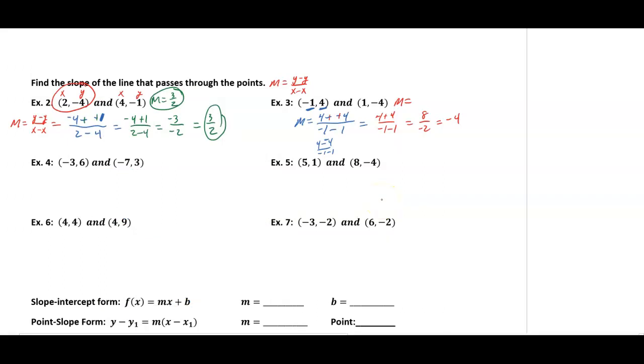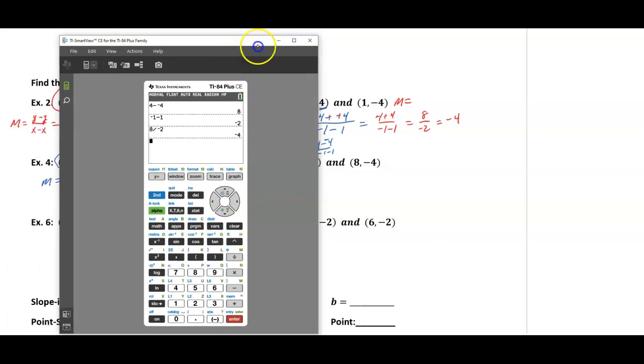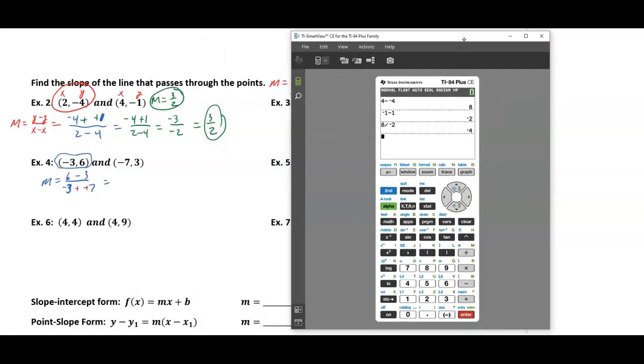Okay, now example 4. I'm going to go ahead, do my y minus y. Again, I like to start here. So 6 minus 3 over negative 3, right, minus negative 7. So this time, I have to bling bling on the bottom. So I'm going to bring my calculator out.